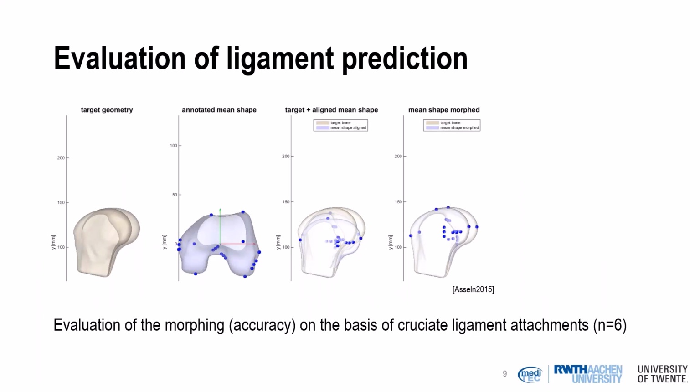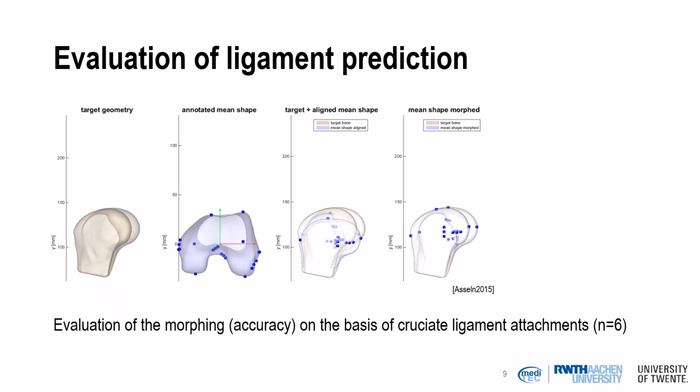And this is what we evaluated in a small study. So this is a conference paper you can look up. So we got cruciate ligament attachments from overall 6 patients. We used our annotated mean shapes and performed a leave-one-out cross-validation. And then we morphed.